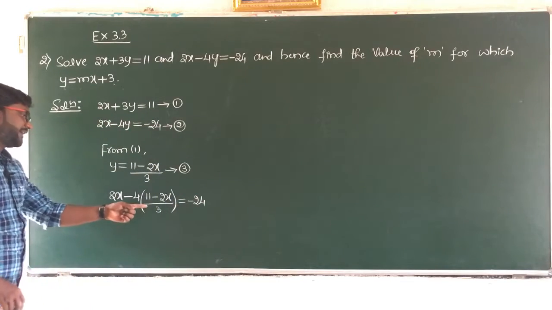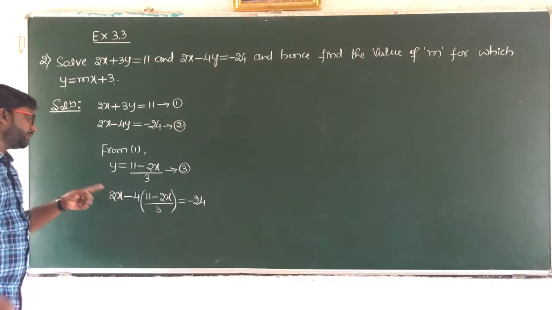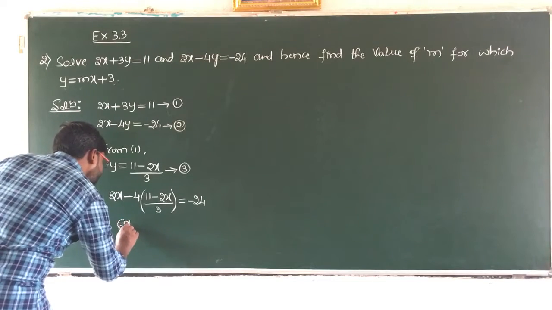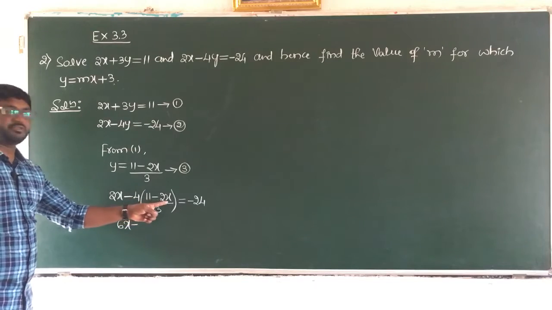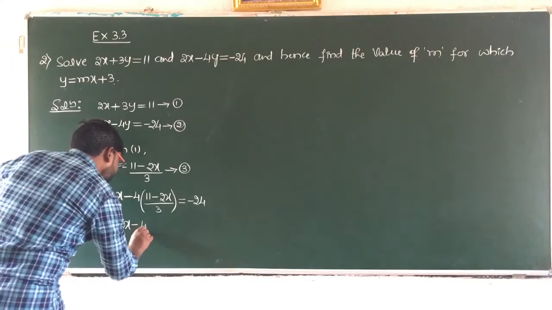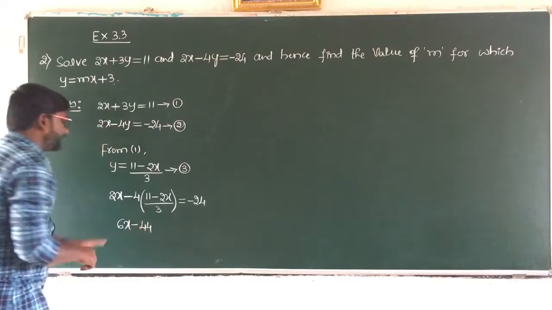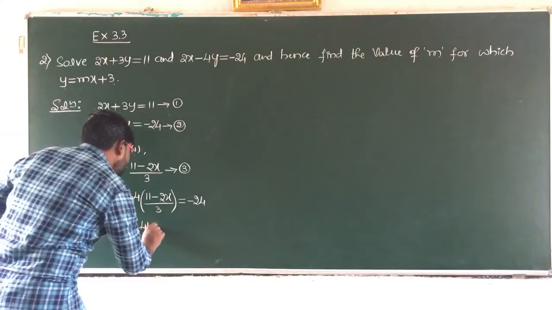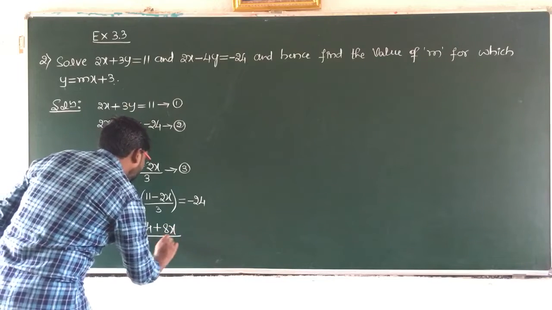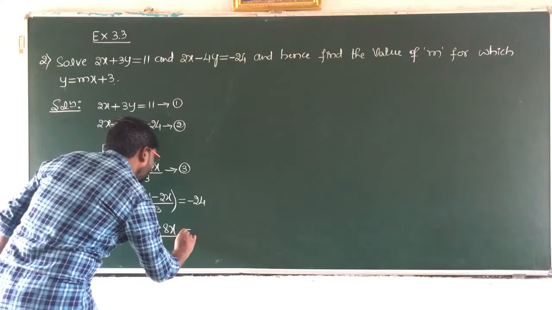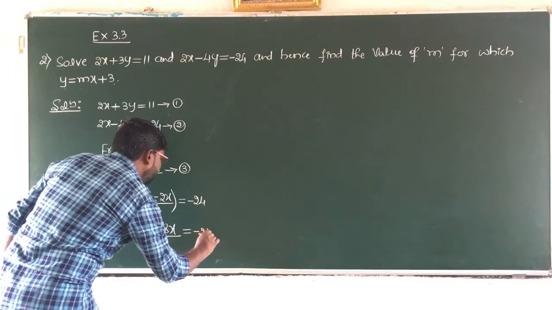Then now take up the LCM. 3 will be multiplied with 2x, we get 6x minus, at the same time this term will be multiplied with these two. So we get 44, then minus into minus will be plus 8x, then whole divided by 3, which is equal to minus 24.